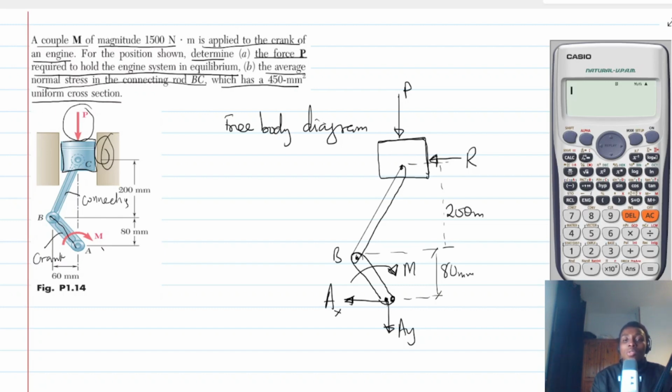All right. So let's first of all solve for R. Or any way you want to do it, we will still solve it.